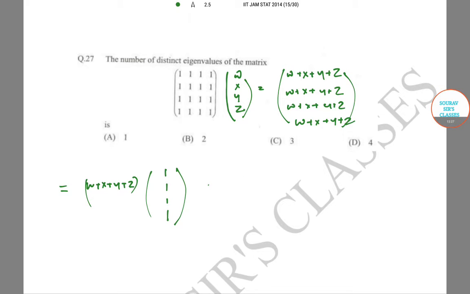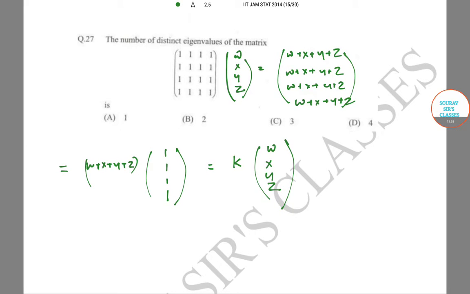Now this, if it's equal to some k times w x y z, we have kw equal to w plus x plus y plus z, kx equal to the same, ky equal to the same, and kz equal to the same.